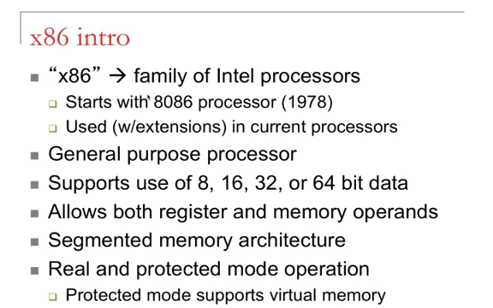x86 microprocessors, or Intel's processor families, are general purpose processors. Depending on the actual processor, it may support 8-bit, 16-bit, 32-bit, or 64-bit data. That's essentially how big the registers are in the microprocessor.